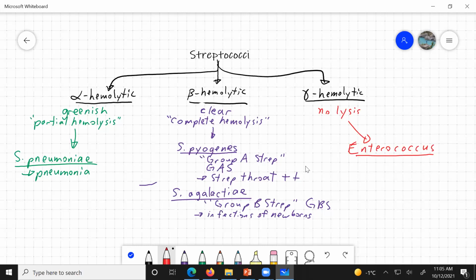For example, there's Enterococcus faecalis, which of course is associated with feces. These were formerly known as Streptococcus. They were reclassified, I don't know how many years ago. So it's worth saying that these are formerly Streptococcus, and they were group D strep.